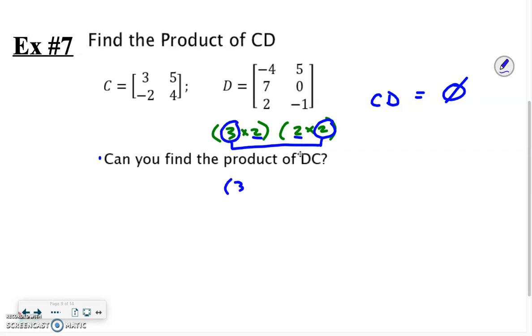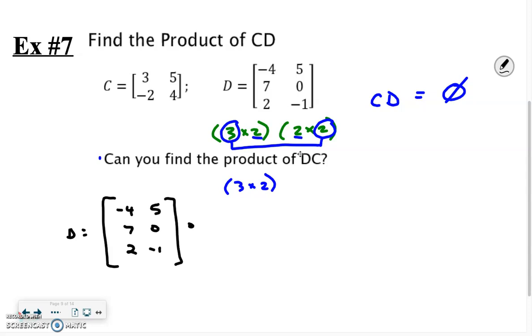So again, knowing that we're building a 3 by 2 matrix, call it personal preference if you'd like, but I know that I would prefer to see the matrices written out in the proper order. So matrix D is -4, 5, 7, 0, 2, -1.